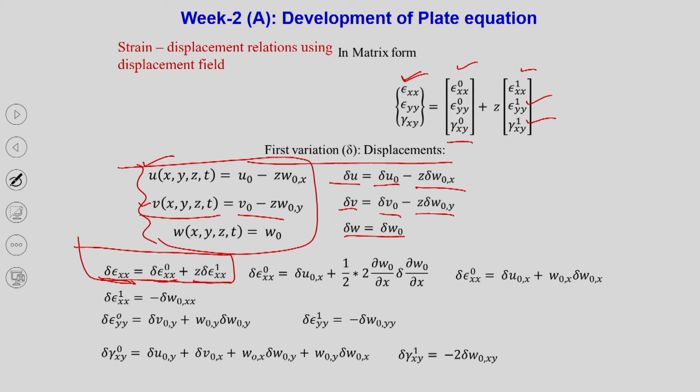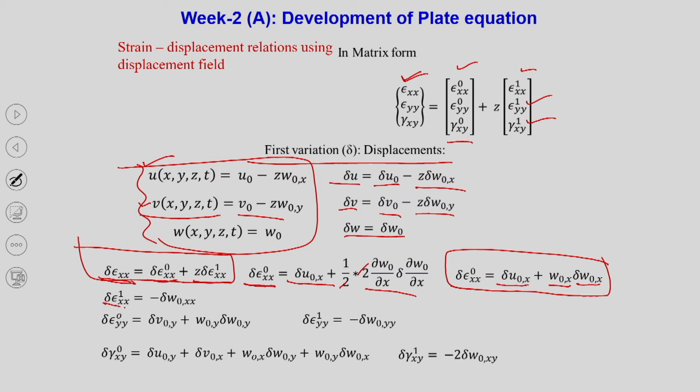Then, explicitly, del epsilon xx naught is nothing but del u naught comma x, plus w naught comma x times del w naught comma x, the first variation of this.